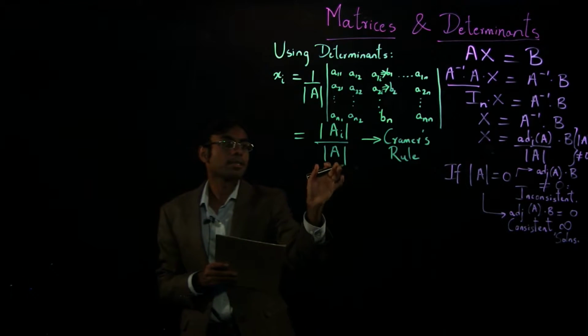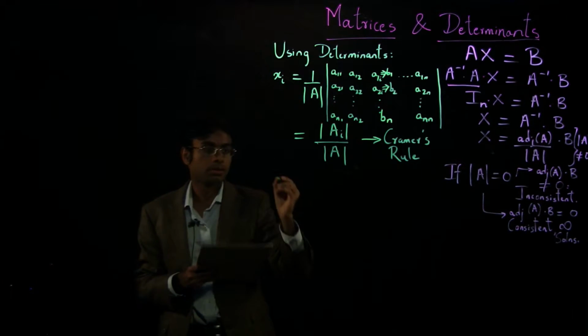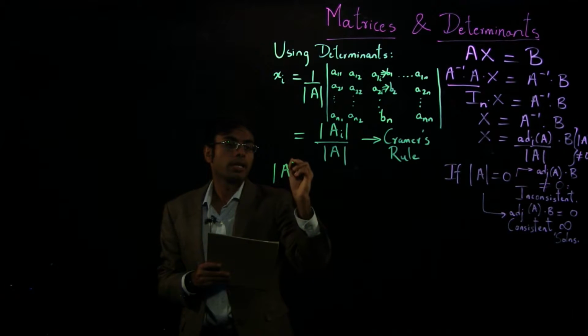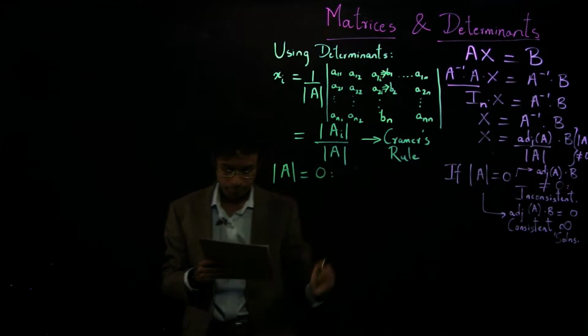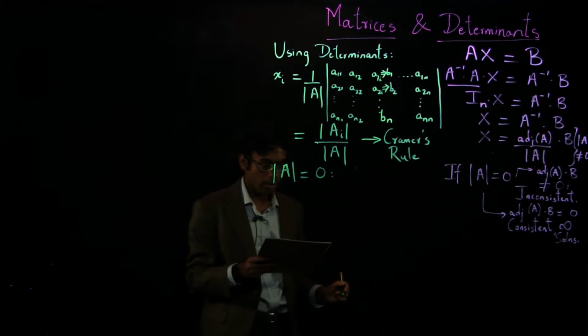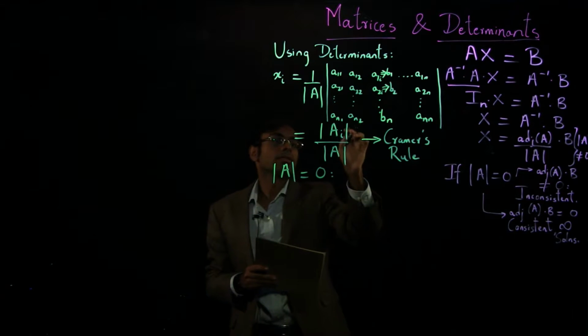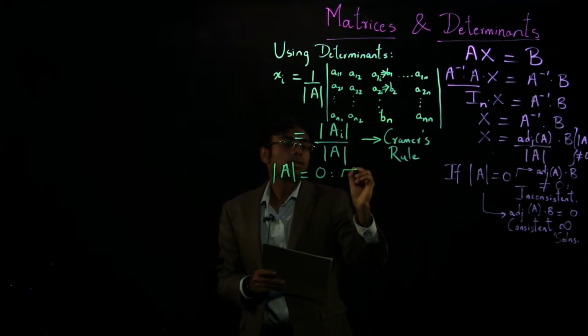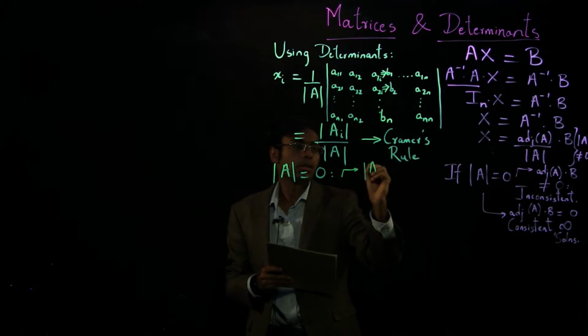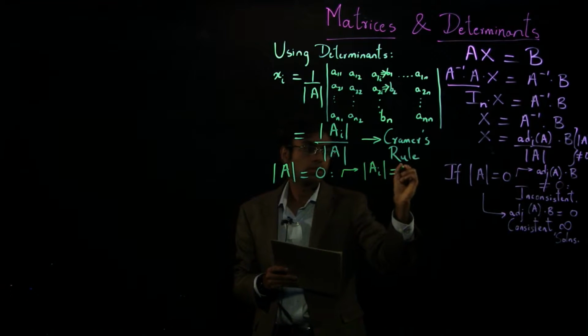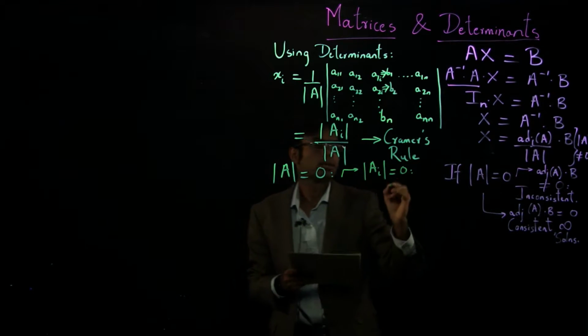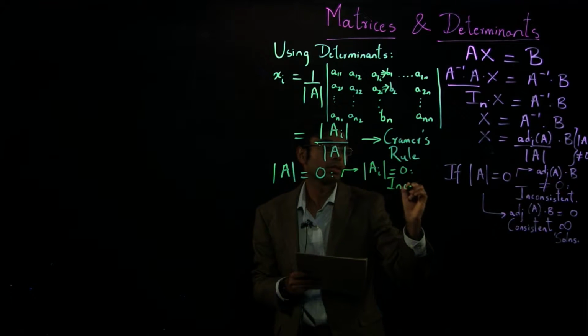Now again, what happens if the denominator is 0? So special case, if delta equals 0, well, again, look at the numerator.